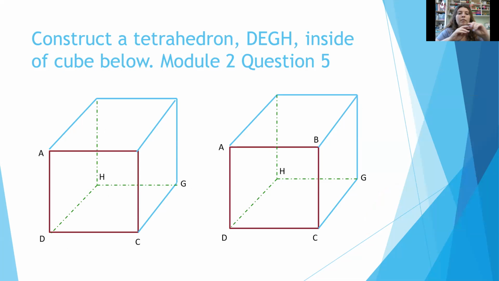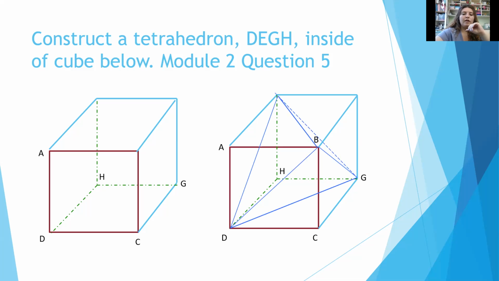But the trick is we want to make sure that we don't have any of those faces facing the same direction. So what we're going to end up doing is putting this in so that it goes from corner to corner and it matches inside of it just like that. And then none of those faces are going to match each other, and it'll be good to go.